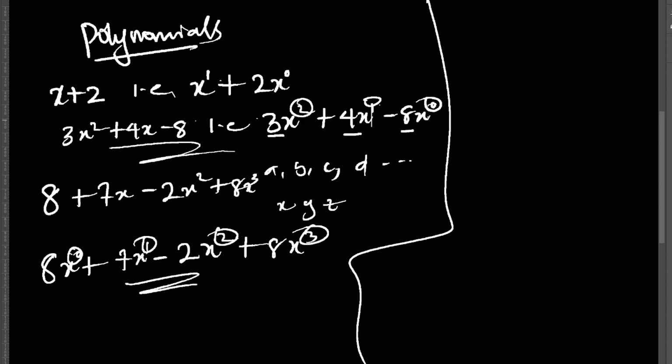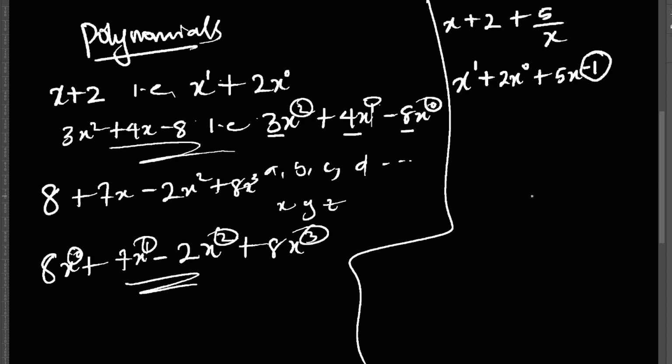For example, if I have x plus 2 plus 5 over x, you probably think it's a polynomial because you can rewrite this as x to the power of 1 plus 2x to the power of 0 plus 5x to the power of negative 1. So you can see we have a negative power.